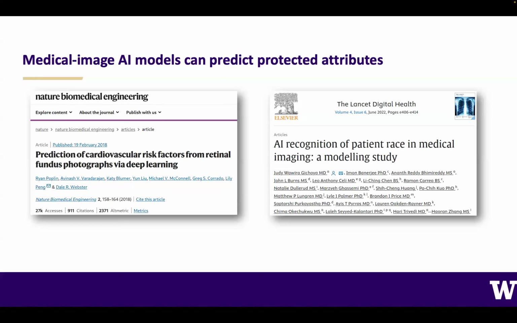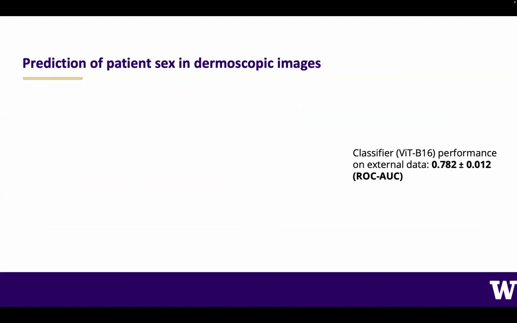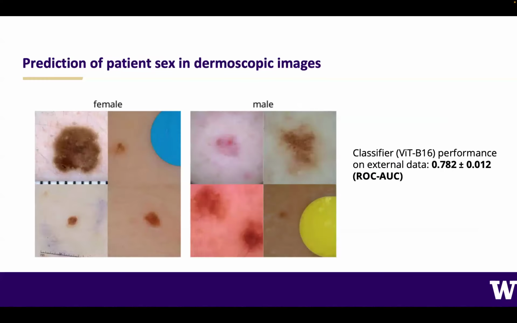In recent years, medical image AI models have been shown to be able to predict protected attributes. This includes predicting cardiovascular risk factors like age and sex from just retinal fundus photographs, or predicting patient race from chest X-rays. The modality we focus on in this case is prediction of patient sex from just dermoscopic lesions, which are images taken using a dermoscope.